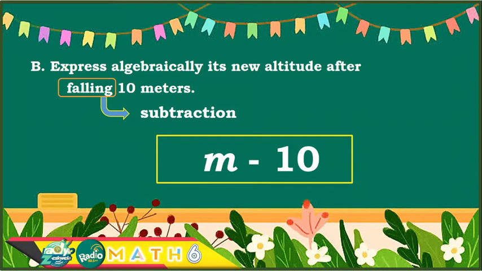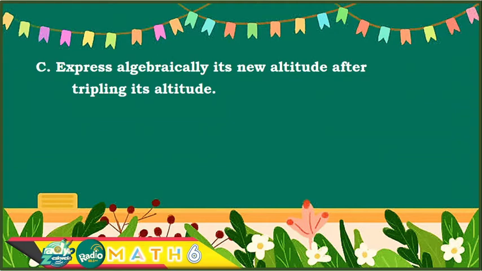Well done! For the third task, we have to represent algebraically the new altitude of the kite after tripling its altitude. Once again, look out for the words that will give us a clue on what particular operation we will use. What clue word did you find?